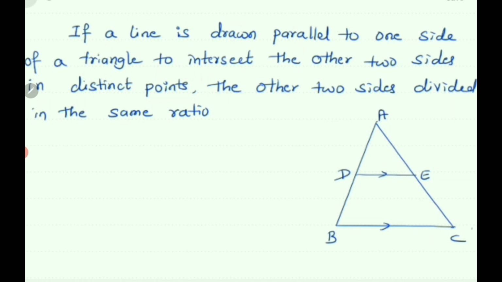Since DE is parallel to BC, the other two sides are AB and AC. So we have to show AD by DB is equal to AE by EC.